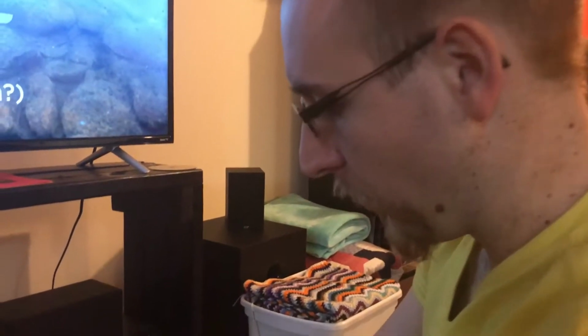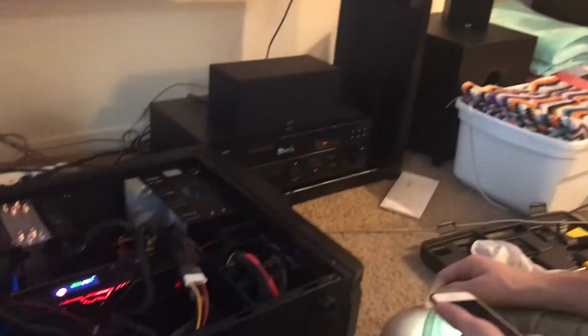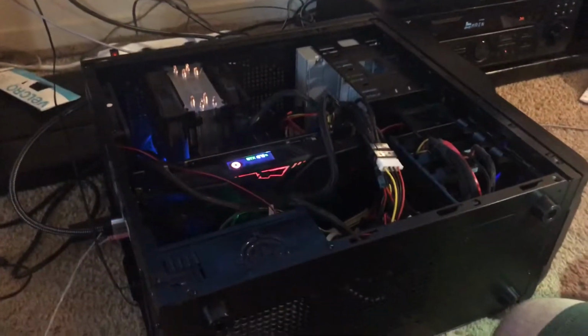And now, the whole thing that holds all of it is called the case or the tower.